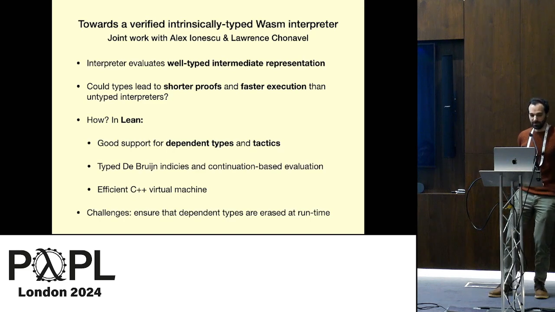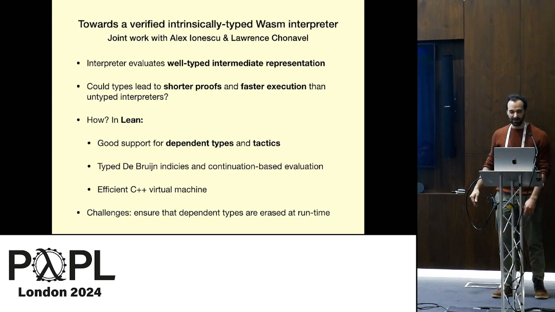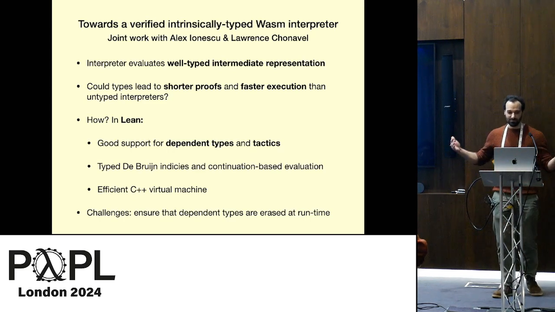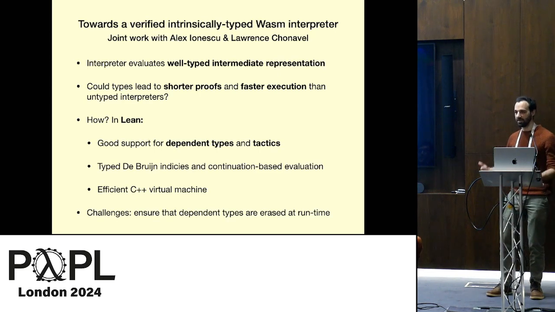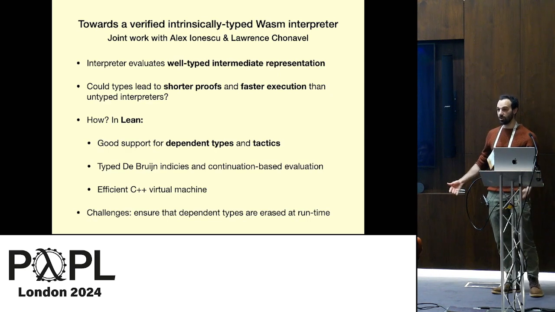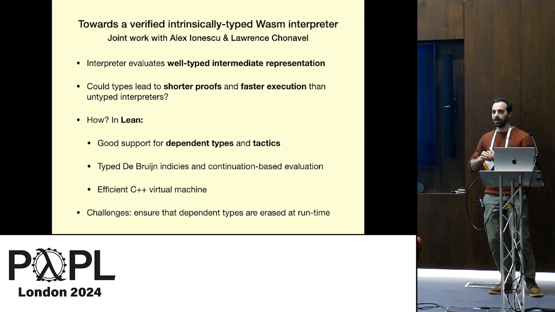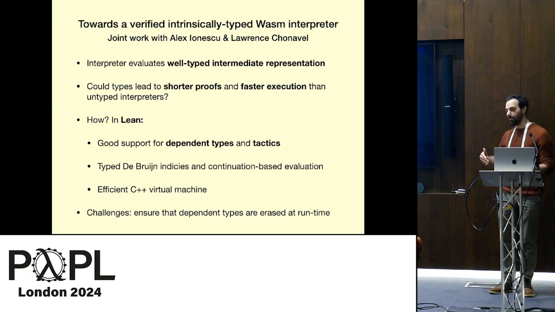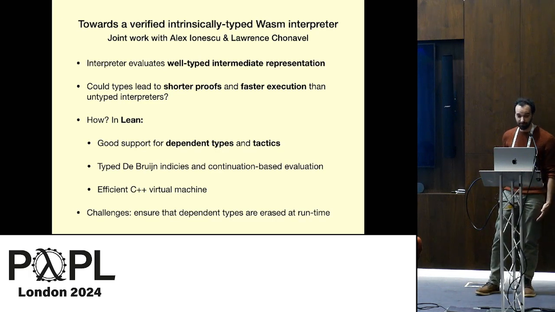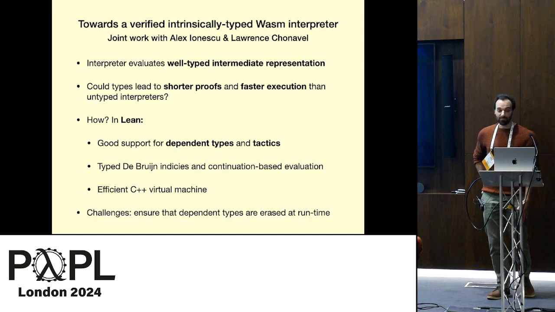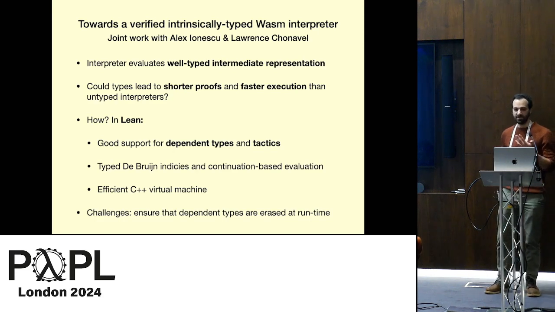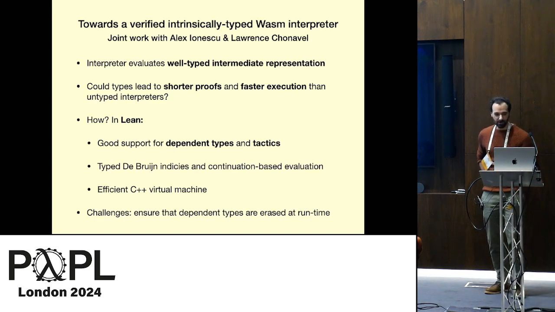Lean code can be executed efficiently. Lean has a virtual machine implemented in C++. So we hope that compared to the type of code that you can get from other proof assistants, that will be faster. But there are some challenges with this intrinsically typed approach.